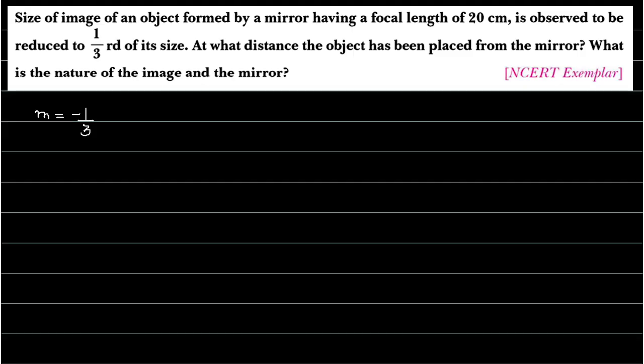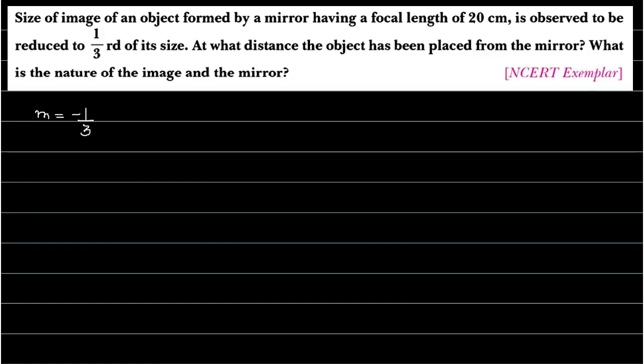Now the size is reduced. At what distance has the object been placed from the mirror, and what is the nature of the image and the mirror? Now, the question says that whatever image is formed is of smaller size than the object.